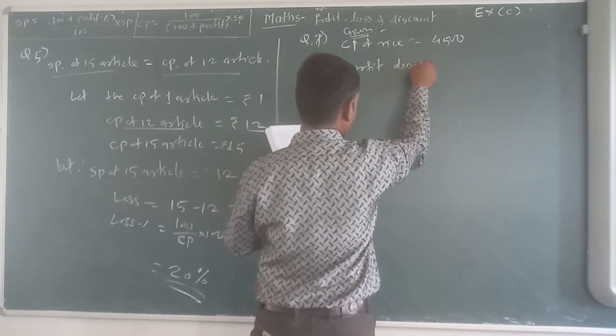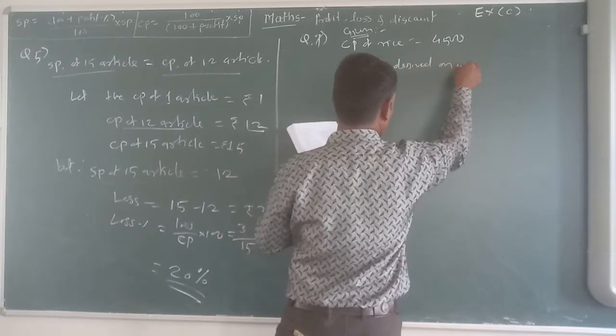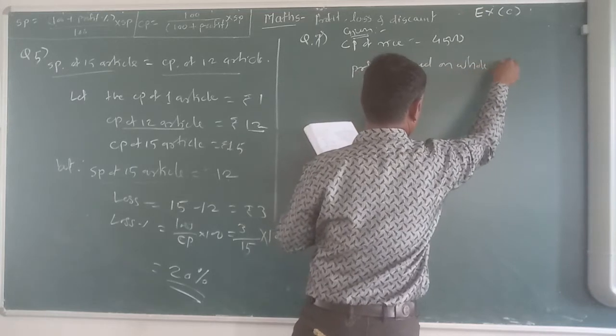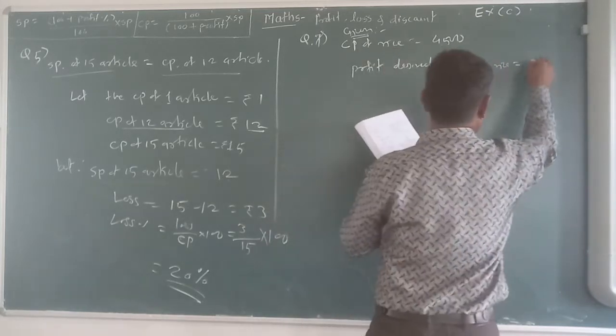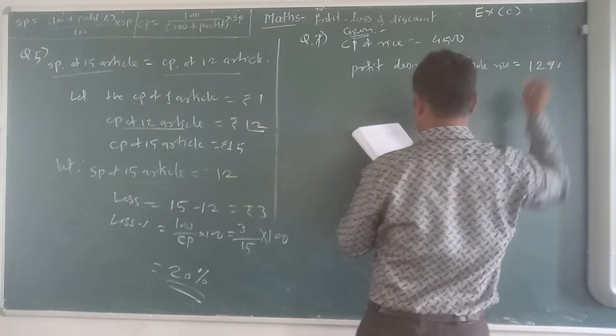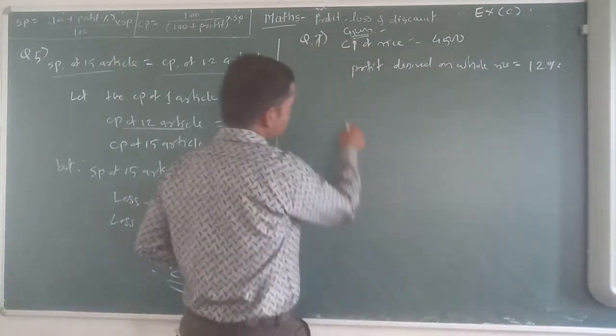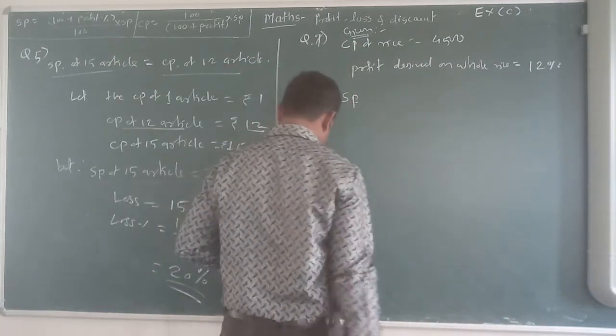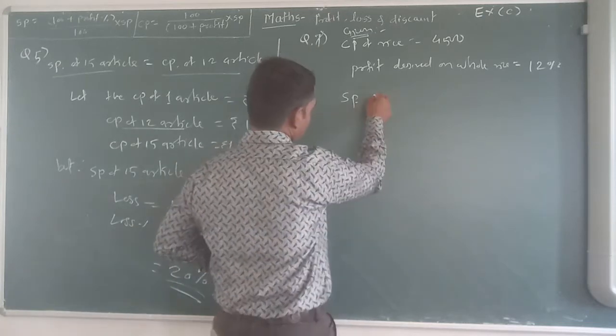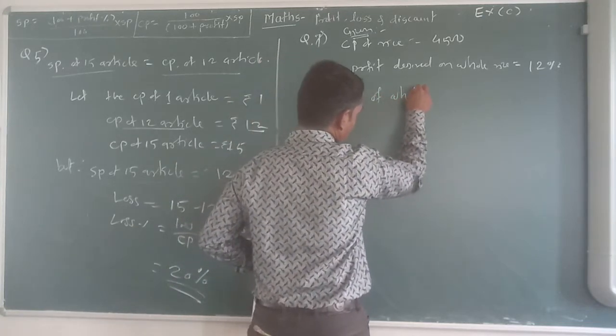Profit desired on whole rice, which will be the 12%. How much? 12%. So how much is the SP of the total? SP of whole rice. SP of whole rice, कितनी होनी चाहिए वो?